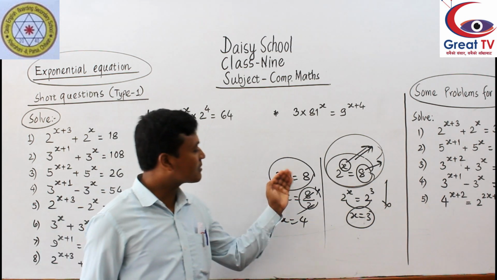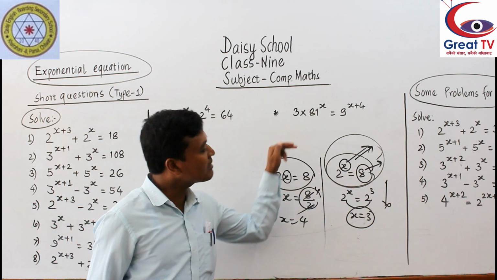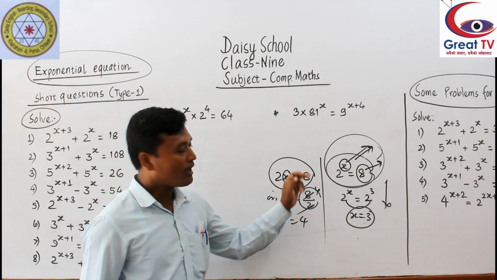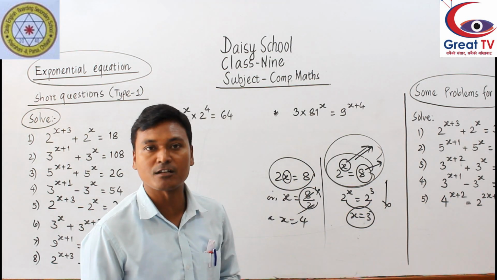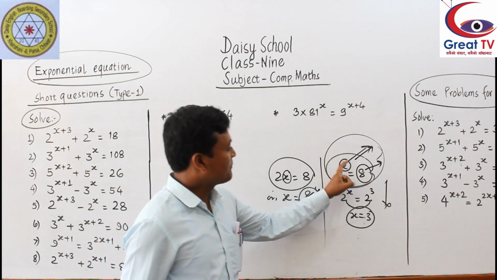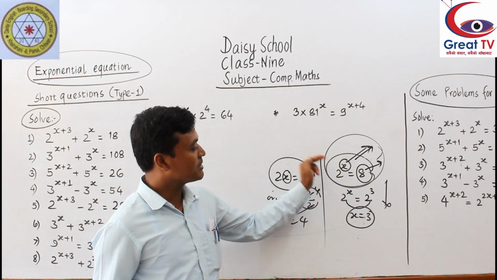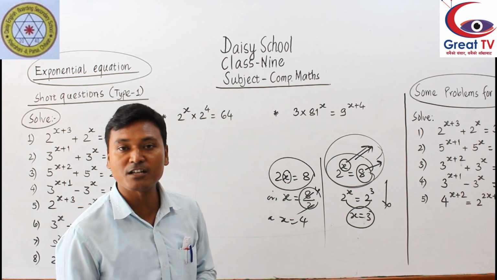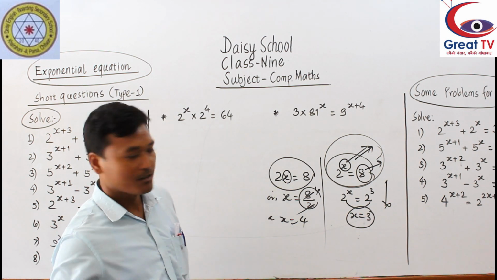So don't forget these two. While solving an exponential equation, be careful. While solving this type of linear equation, be careful. These two are totally different. If x represents an exponent, at that time we use the concept of solving exponential equations. Here x does not represent an exponent, so we go this way.